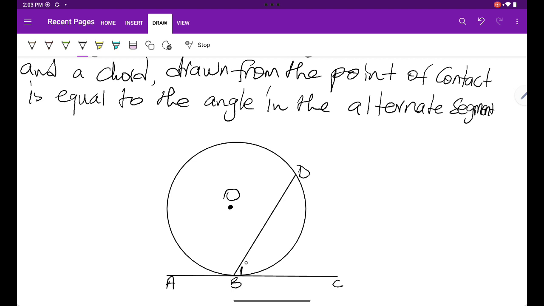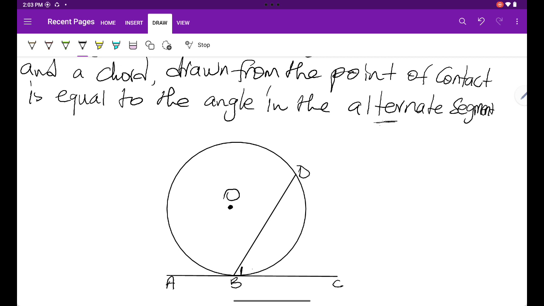So B1 is in the minor segment, so it must be equal to the angle in the alternate segment, meaning in the other segment. So if it is in the minor, then it must be equal to the one in the major. So hence they say alternate.